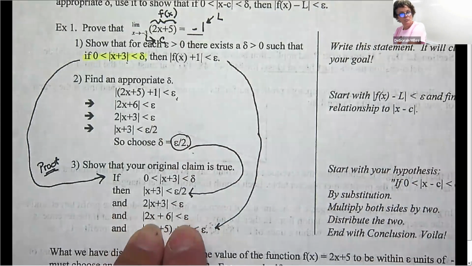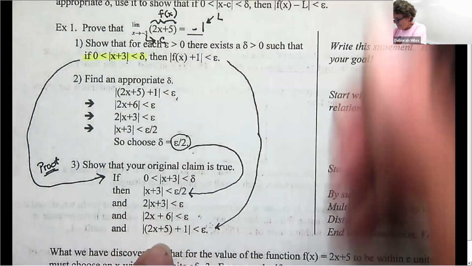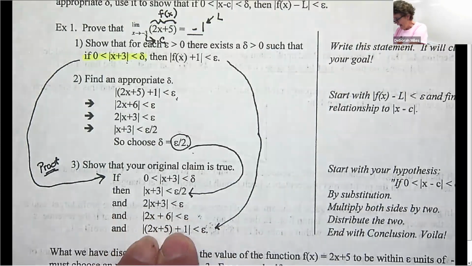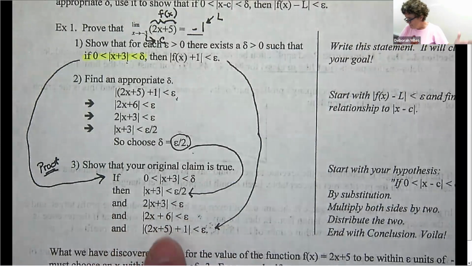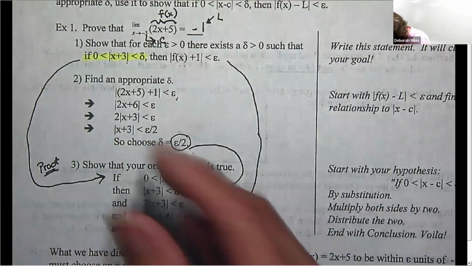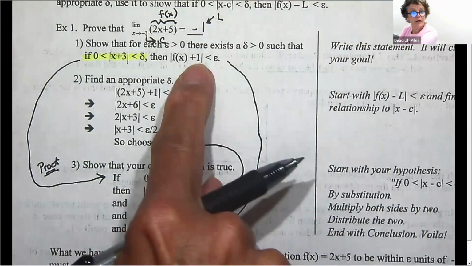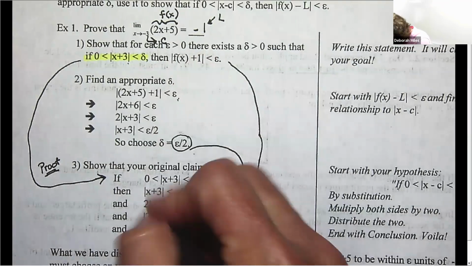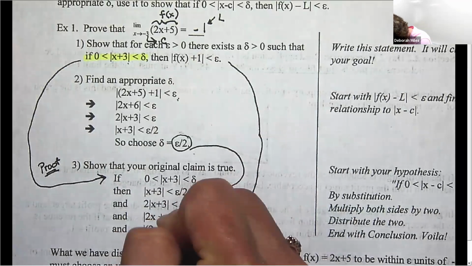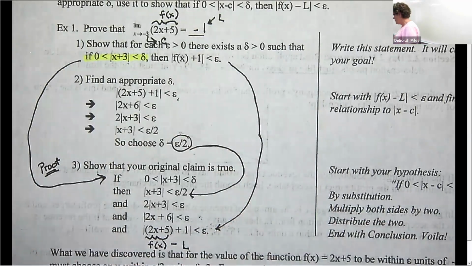Distribute that 2, where here I factored out the 2, and then split that 6 back into 5 minus -1, or 5 plus 1, so that this is exactly what you were trying to prove. This is your f of x minus L will be less than epsilon.